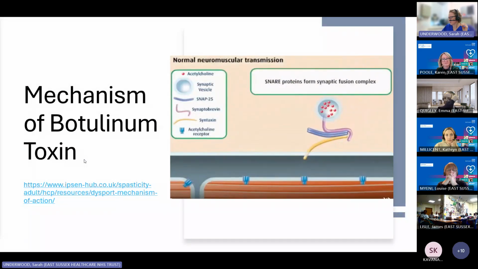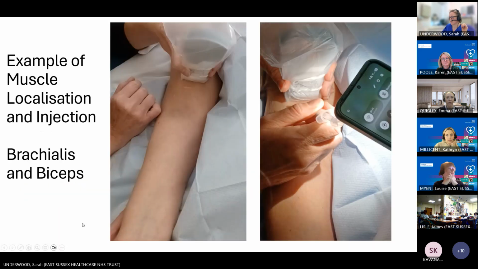I've gone back to share my screen. You've got 2 videos around how ultrasound is used to localize the muscle, make sure we're injecting into the right place, and ensure we're injecting safely, avoiding blood vessels and nerves, which sit very close to our muscles.